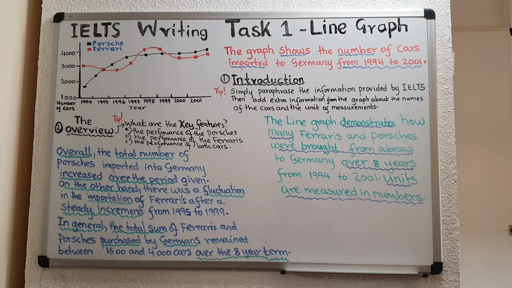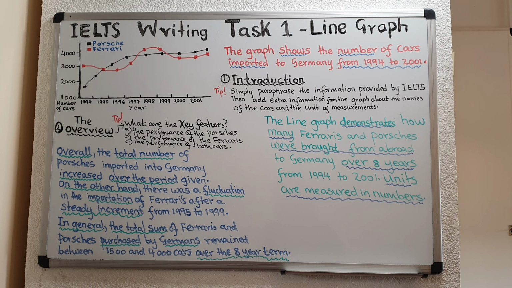And in the overview paragraph, you need to condense the information, but at the same time, you want to make sure that you are describing what the chart is actually highlighting. That is the key features.